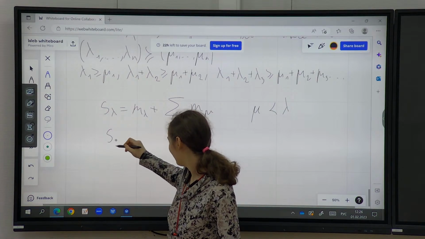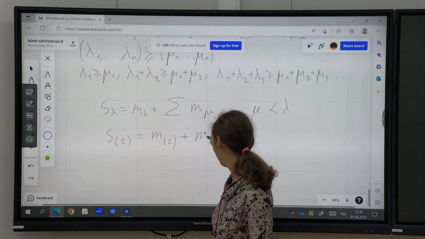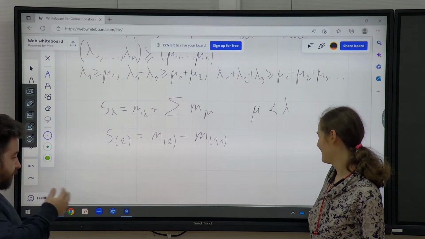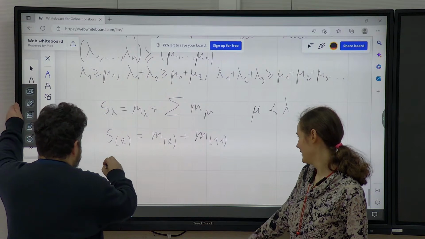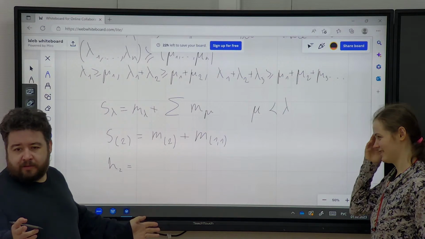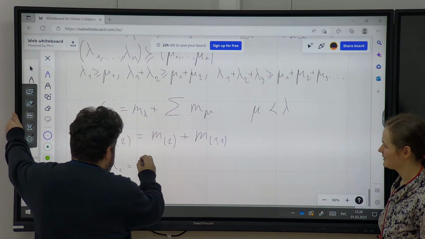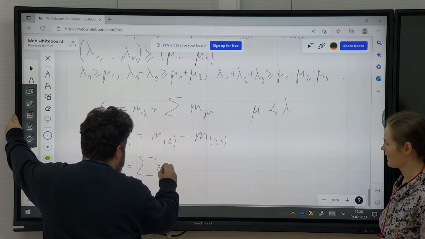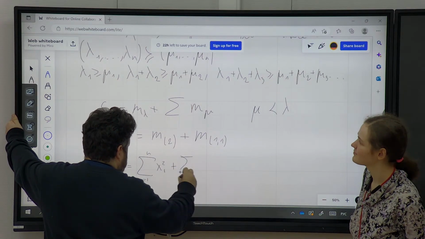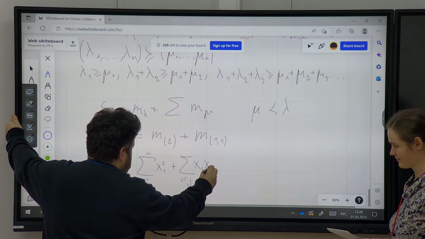For 2 boxes we have M2 plus M11, right? So S2 is H2. There are 2 types of monomials of degree 2: squares and non-squares. There is the sum of xi squared, from 1 to n, and the sum over i less than j of xi xj.